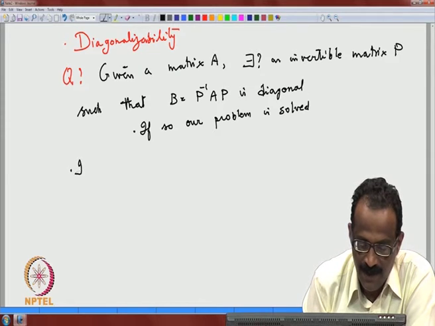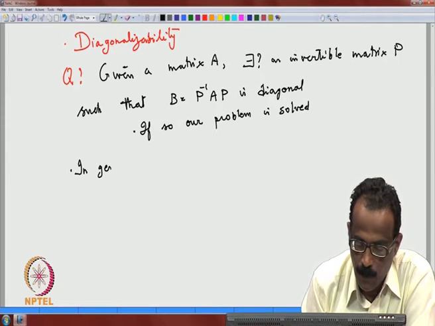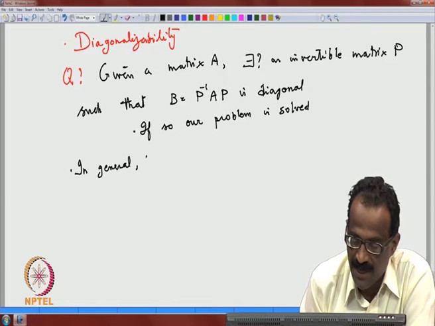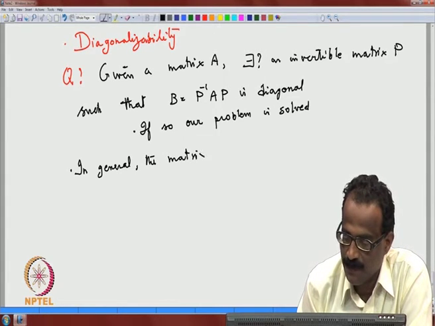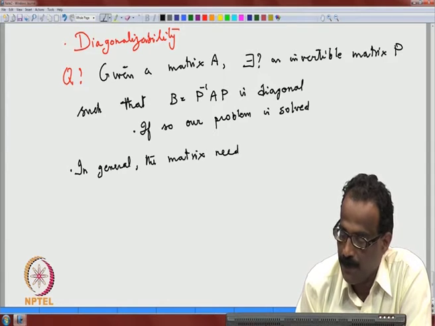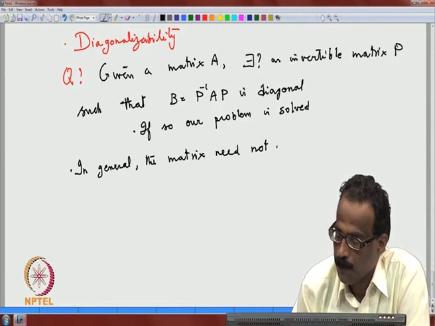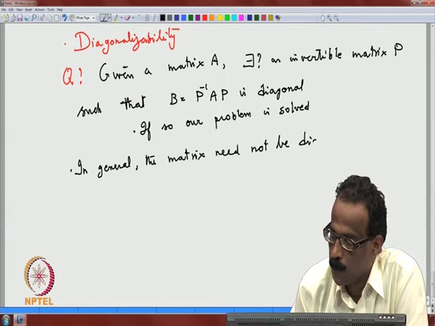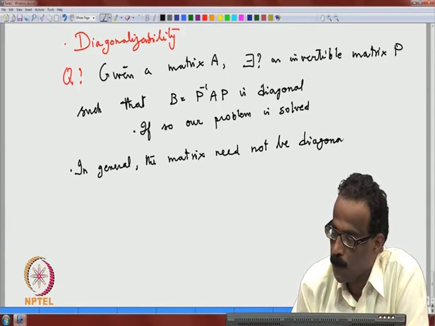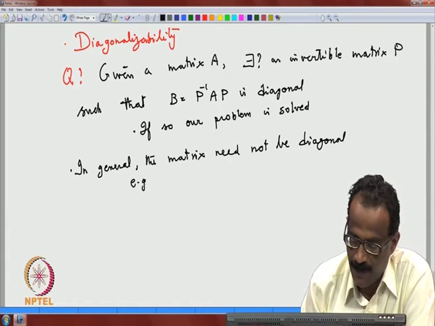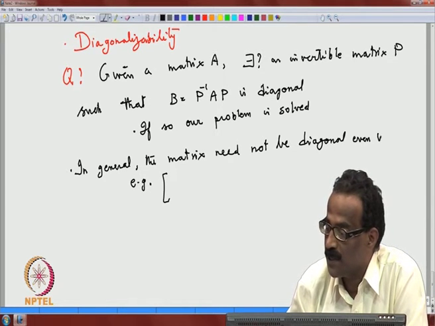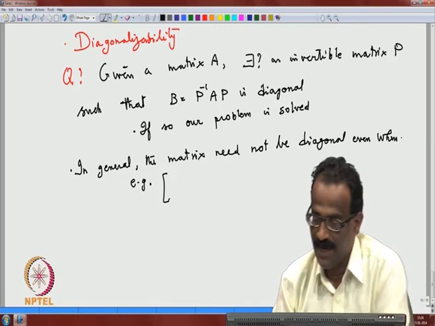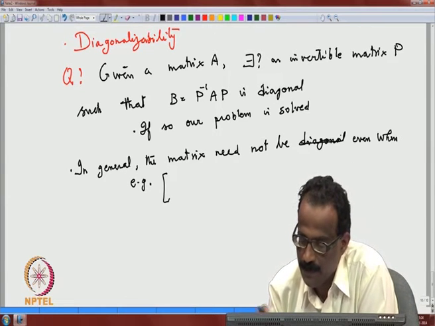in general, the matrix need not be diagonalizable. Example: even when n equal to 2, that is simple, a matrix need not be diagonalizable.